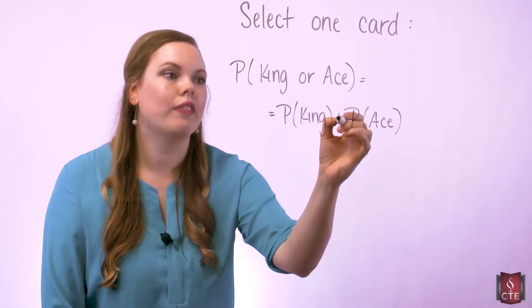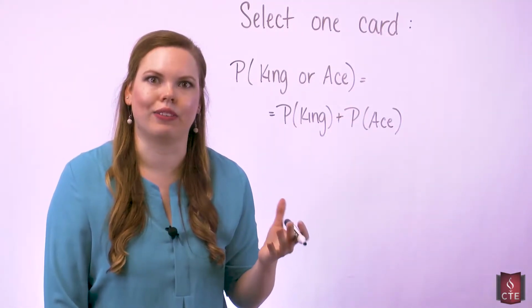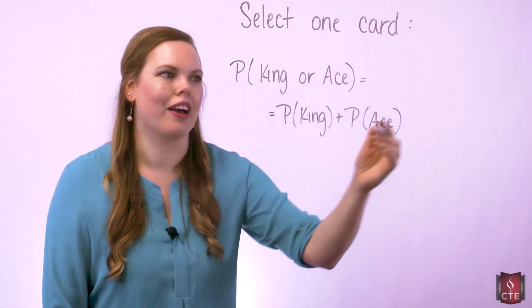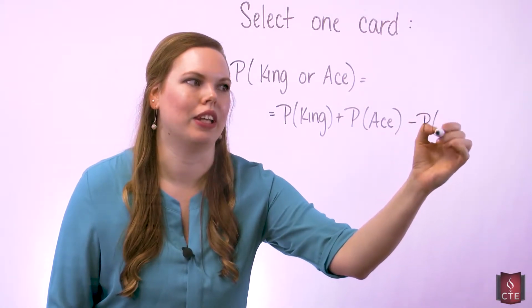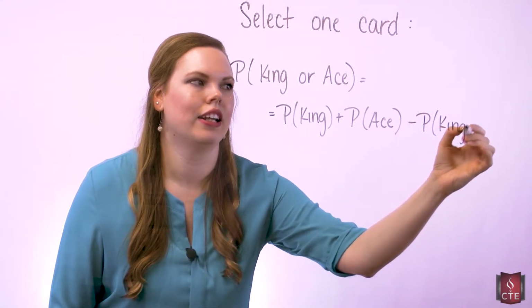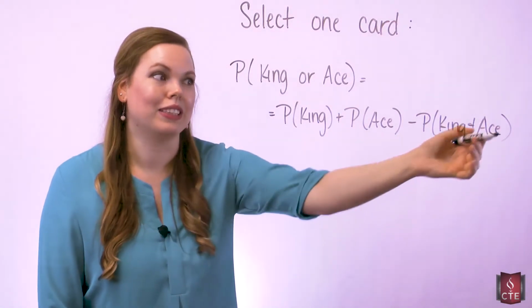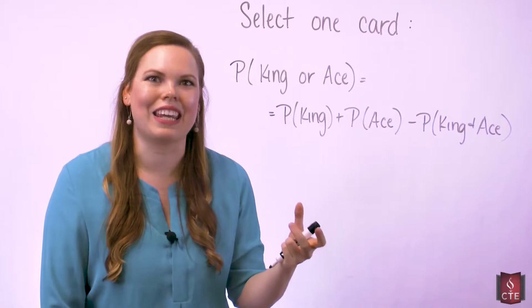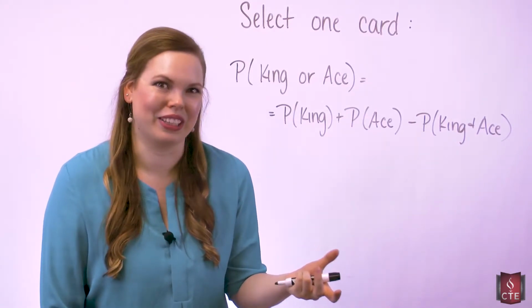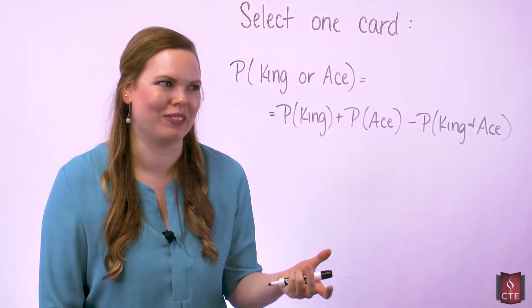If we were to accidentally use the wrong rule and subtract it off, like if we had the probability of a king and ace here, it would work out, because the probability of getting both a king and an ace is actually 0, since you can't draw a king and an ace at the same time.